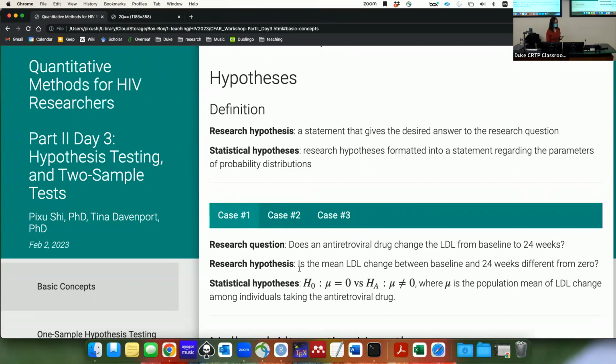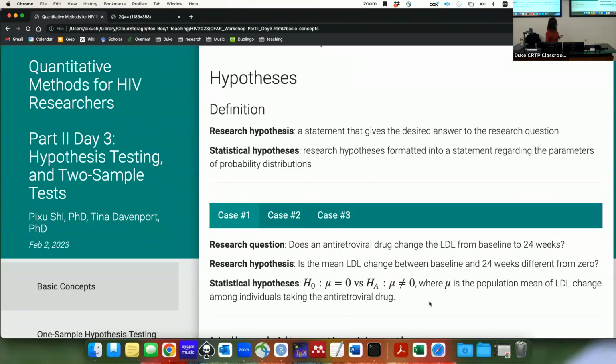So the research hypothesis can then be translated into a mean parameter of the distribution of the LDL values. Here, this mu is used to denote the population mean. This will be a parameter that's unknown to us, and we'll use data to infer whether this hypothesis is true or not. And your alternative hypothesis can have multiple formats.